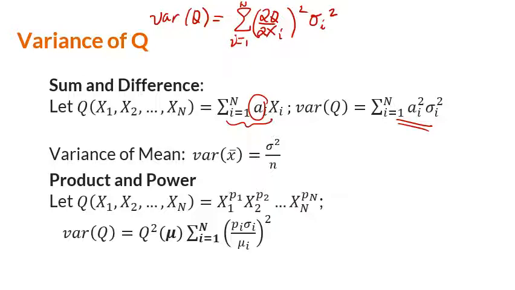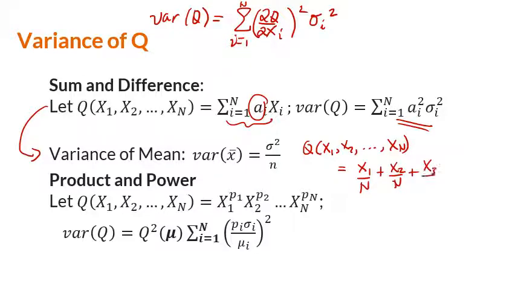Another consequence of this formulation is that we can now formally derive the variance of your mean. So take note, for the calculation of your sample mean, we have this function q of x sub 1, x2, and so on until x sub n, which is equal to x1 over n plus x2 over n plus x3 over n, and so on, plus x sub n over n.